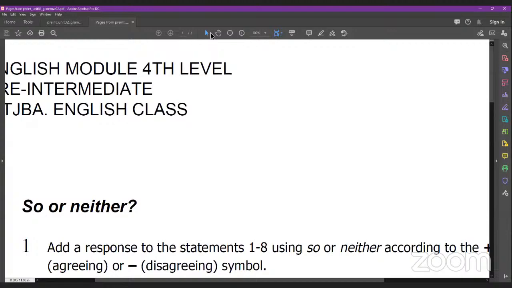Give me a minute. I'm going to share the file. Okay, guys, so that's the link.